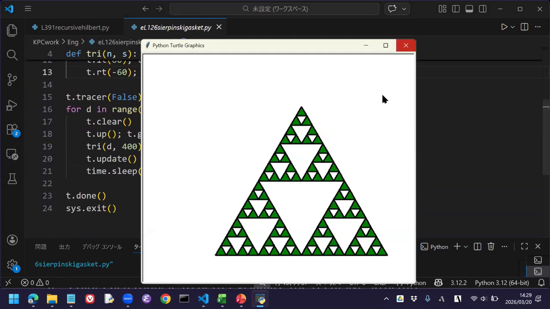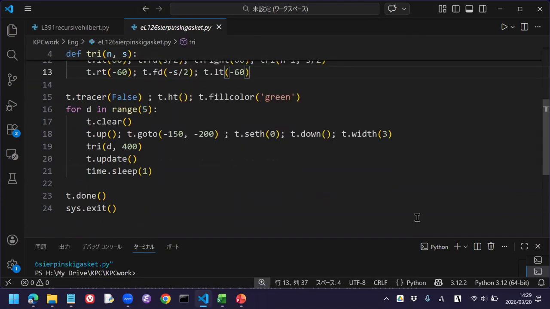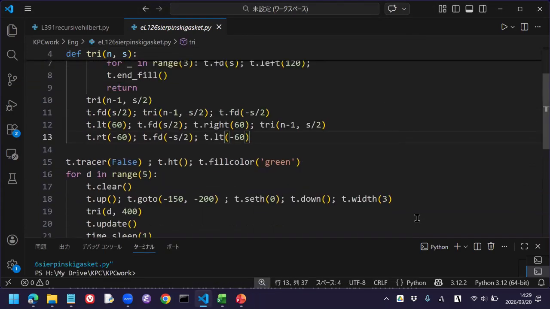As we increase the levels, we can see that a recursive triangular shape appears. So today we will try to draw the same thing using L system, Lindenmayer system. Okay, let's try that.